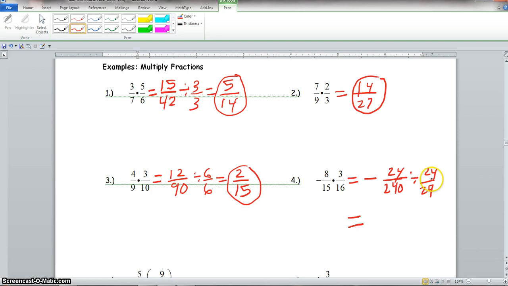Now a negative 24 divided by a positive 24, we know that will give us -1, because a negative divided by a positive, we know will give us negative. 240 divided by 24 will leave us 10. So our final answer here is -1/10.